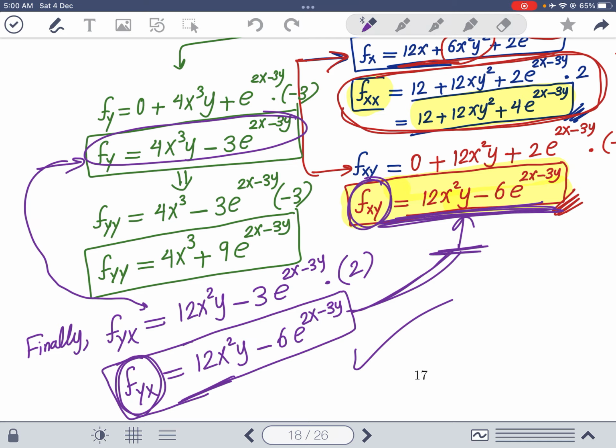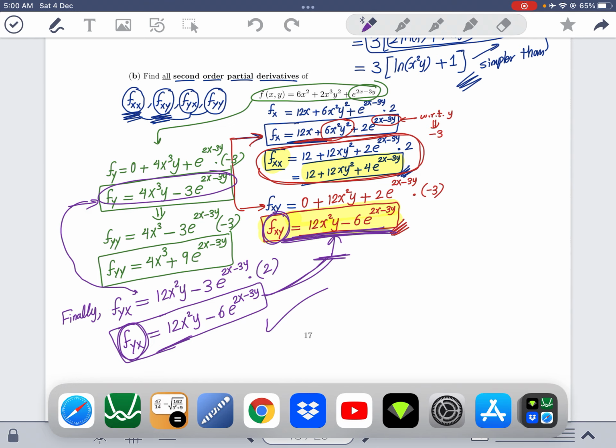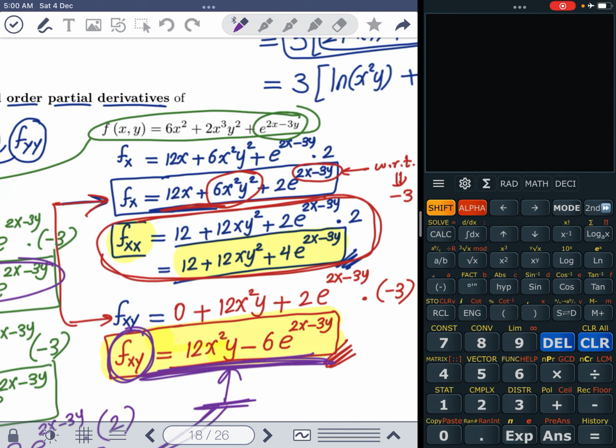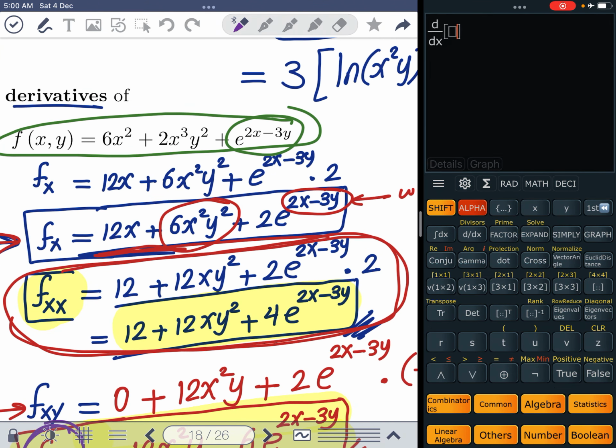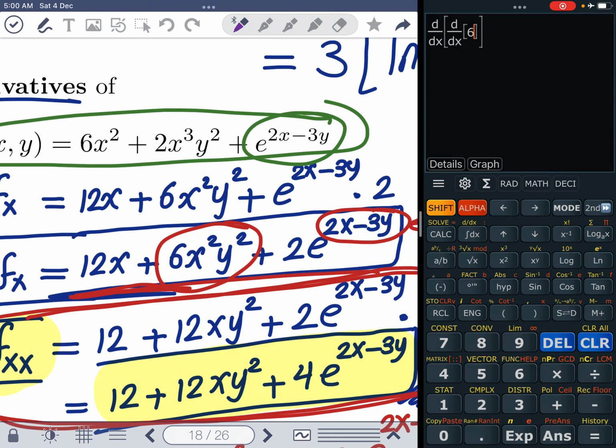So this gives us an indication that our answer is correct, but still I want to show you that all the second order partial derivatives we got are correct. So you can do d by dx of d by dx. So this is fxx, and now you write the function: 6x squared plus 2x cubed y squared plus e to the power 2x minus 3y.